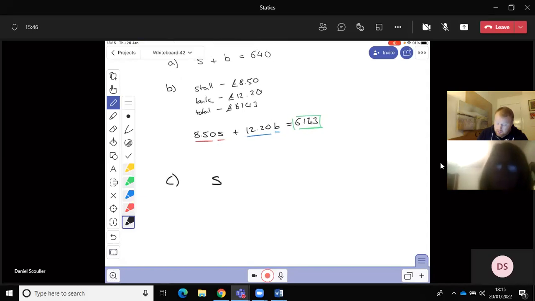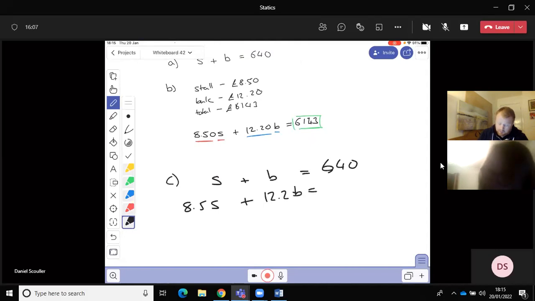So first equation, equation 1, S plus B equals 640. Then we've got 8.5S plus 12.2B.